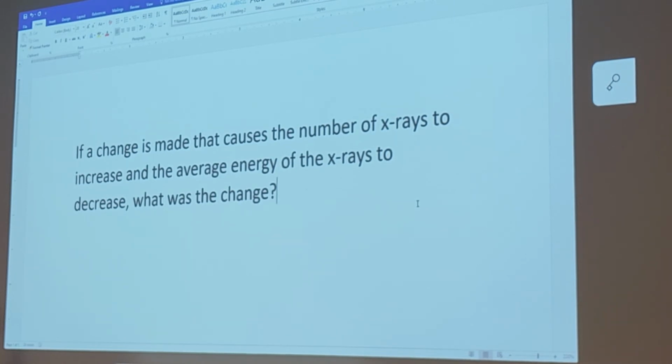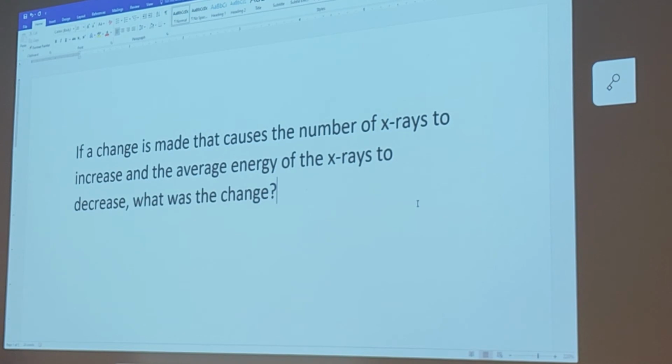Filtration. All right. Cody, with filtration, what change to filtration would cause the number of X-rays to increase? You decrease it. Great. If we decrease filtration, we get rid of fewer X-rays, and so we have more X-rays in our beam. So decreasing filtration increases the number of X-rays.